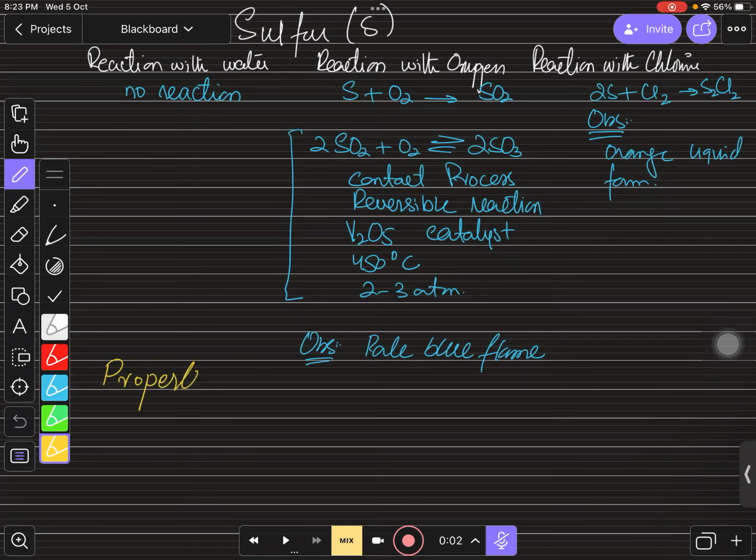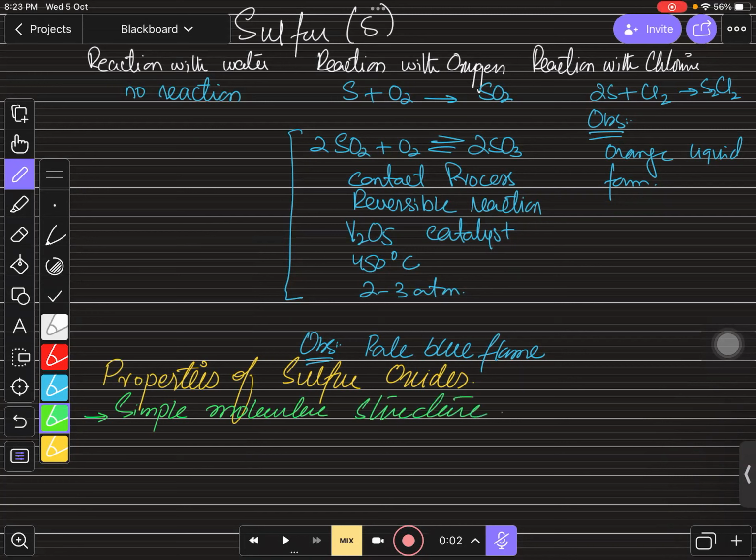These are again covalent compounds, so they are simple molecular structures. Sulfur dioxide and sulfur trioxide both are simple molecular structures.